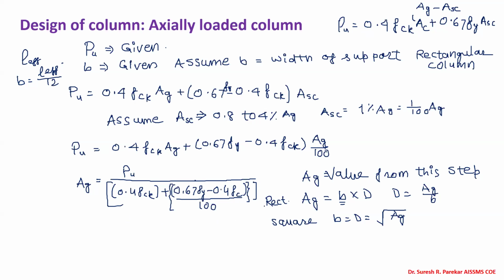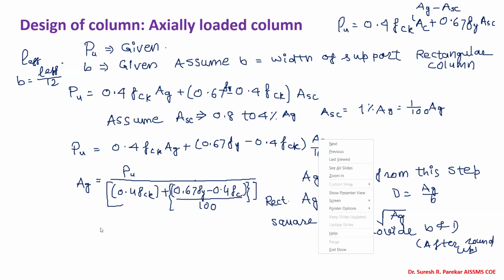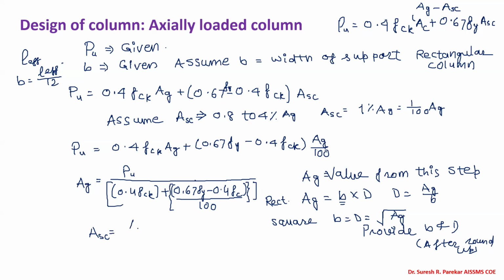So now knowing the value of B and D, we have to round up and provide B and D after roundup. Then you have to go for Asc. How will we find the value of Asc? Asc we will get, which is equal to, as already seen, Ag upon 100. And that Ag we have to take from here, not Ag provided.